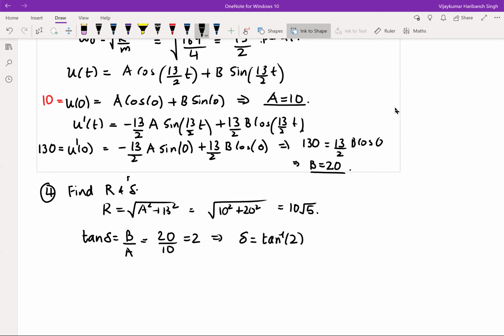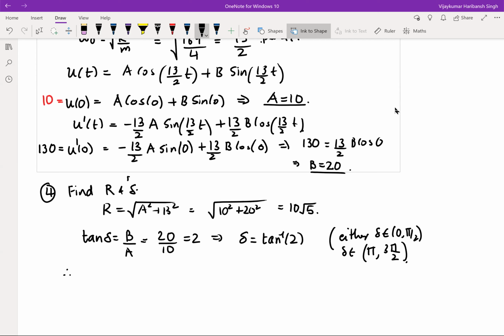And since tan is positive, there are two possibilities. Either delta belongs to 0 to pi by 2, that's where tan delta is positive, or delta belongs to pi to 3 pi by 2, right? So this is a possibility now, but a and b both are positive.